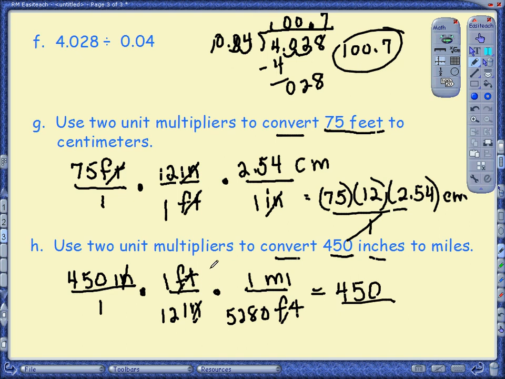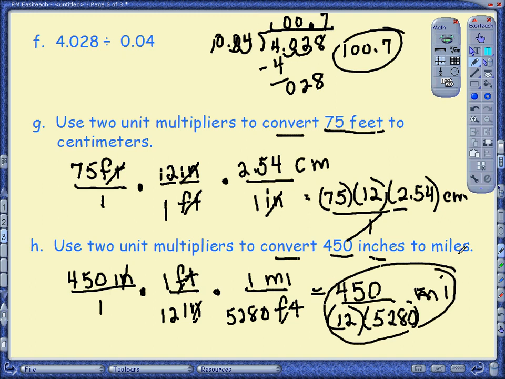That's the only thing that appears in the numerator. 450 times 1 times 1 is 450. 1 times 12 times 5,280. Those two numbers go into the denominator, and we use the word miles, or the abbreviation for the word miles there. So those two are our answers, and this concludes the practice problem review for you.